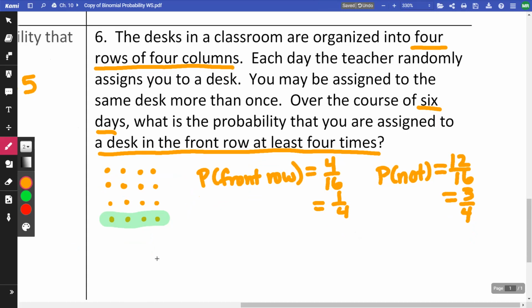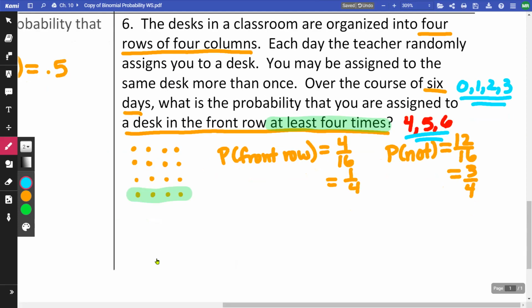Now the wording here, what we have to be careful of is it says at least 4 times out of 6. So at least 4 times means 4 times, 5 times, 6 times. What we did not want to find is 0, 1, 2, 3. Now, that's more to find than this. So in this case, I'm not going to do the 1 minus like we did in our notes. I'm going to find 4, 5, and 6 and do that math.